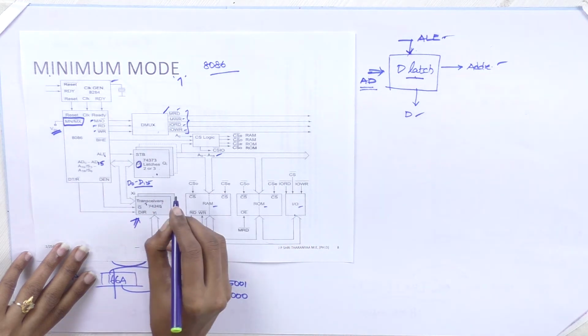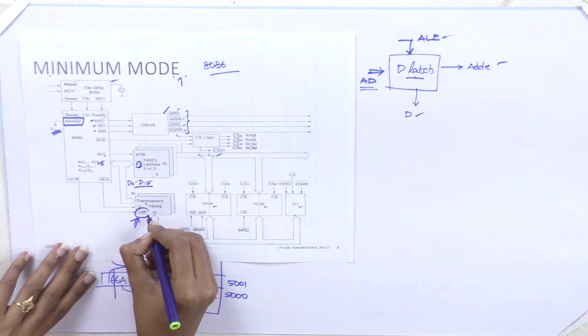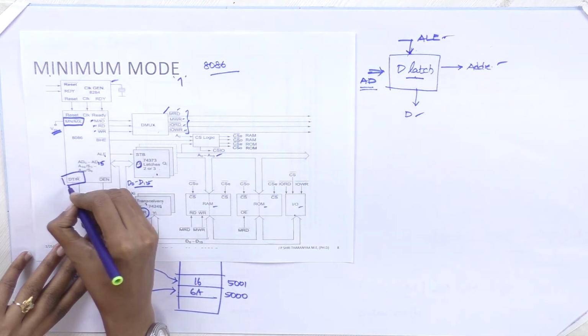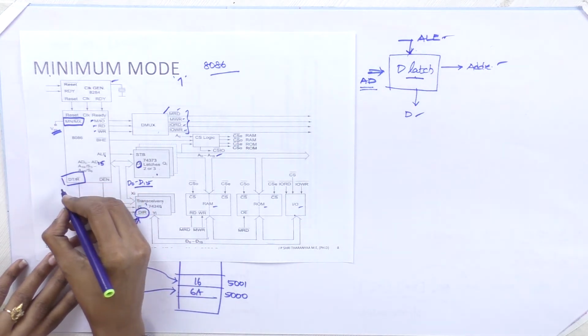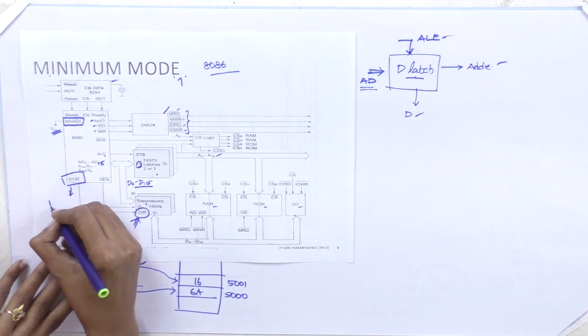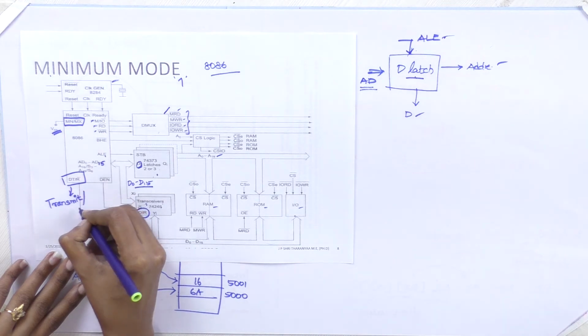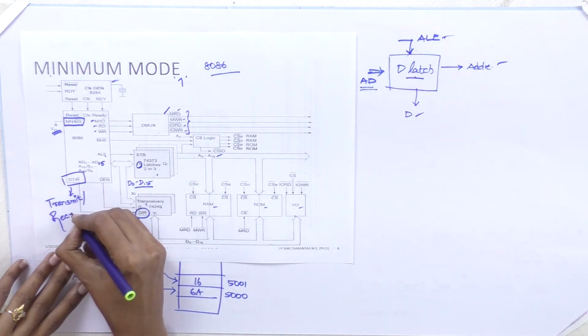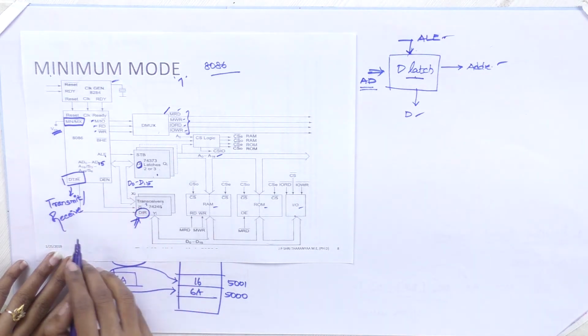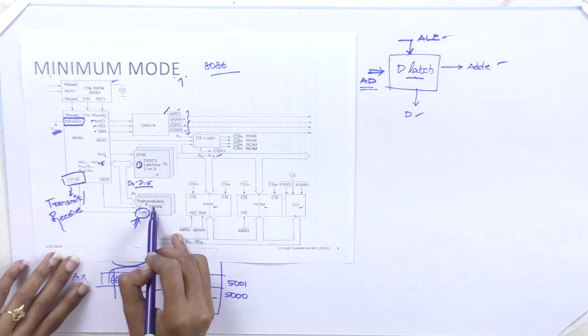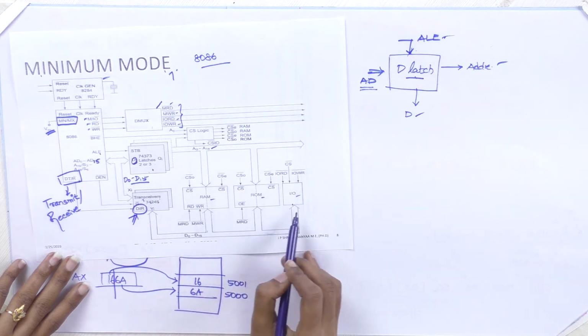It will be given with the help of direction. Direction is determined by the DT/R bar. DT/R bar will decide whether the data is going to be transmitted or received, whether we will get the data from the output device or send the data to the devices.